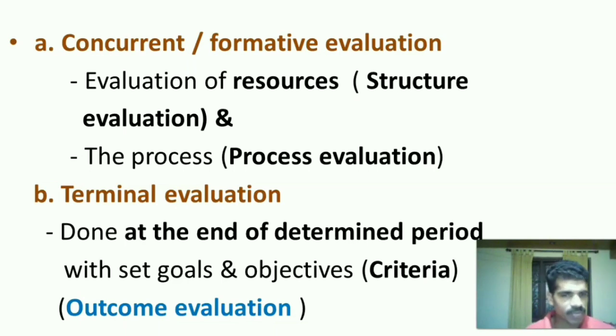Then next is terminal evaluation. That is done at the end of the implementation, at the end of the healthcare activities, at the end of the determined period with set goals and objectives. This is also known as outcome evaluation. So to know the result of the implementation, we use outcome evaluation.